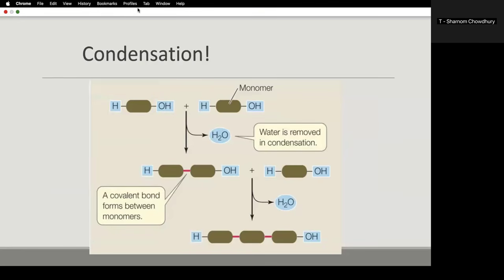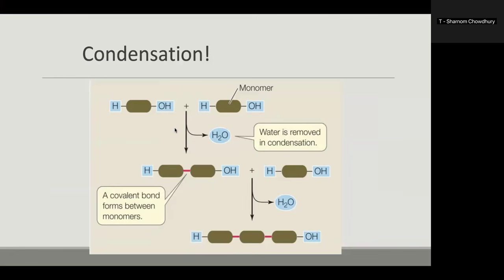So, how are things joined together? The way things are joined together is through condensation reactions, in which a water molecule is removed. Condensation reactions are also known as dehydration reactions. Each monomer has a hydrogen on one side and an OH on another side. What essentially happens is that this OH attaches to the hydrogen of another monomer, removing water from both monomers.